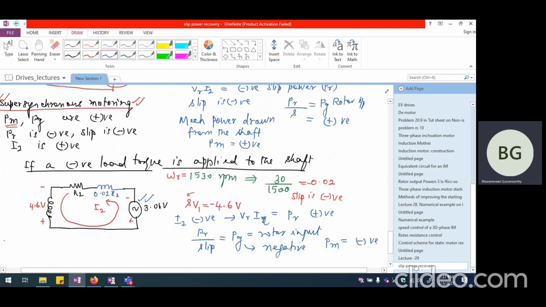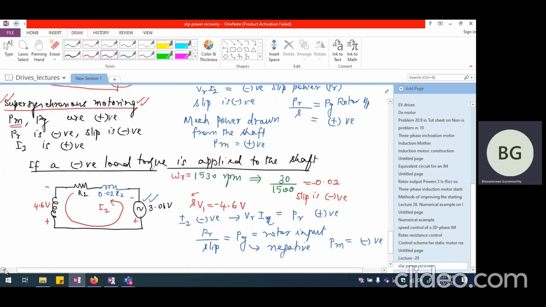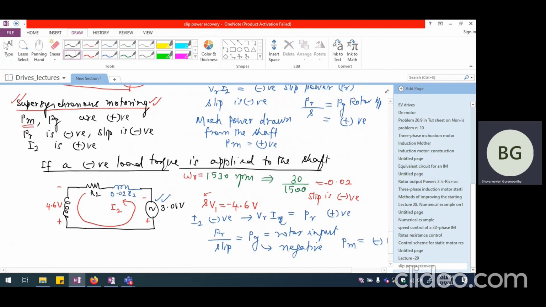So in this particular case, when I try to summarize, PM is negative, slip is negative, IR is negative, VR is negative, and PG is negative. So all these things are negative. The only thing which is positive is PR.